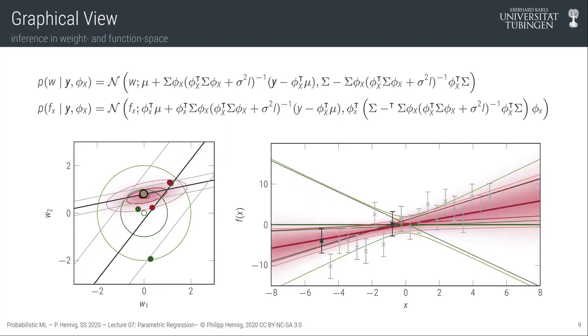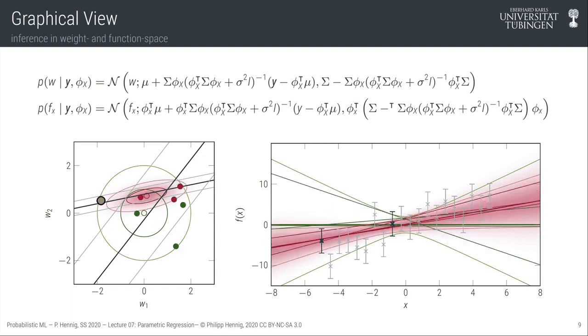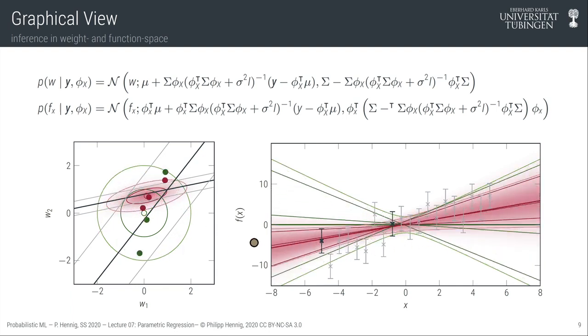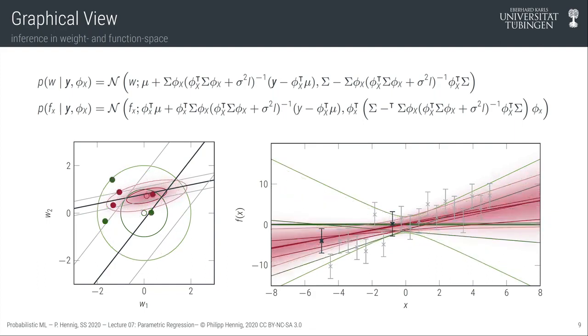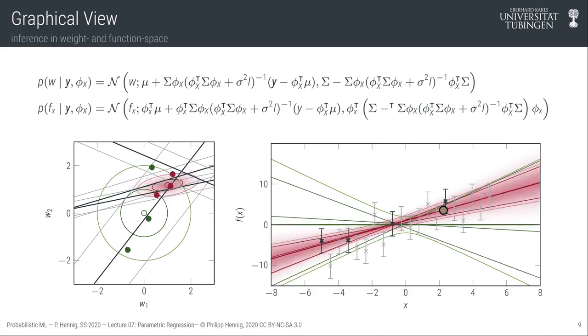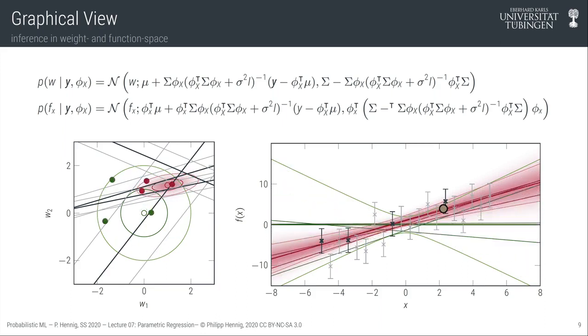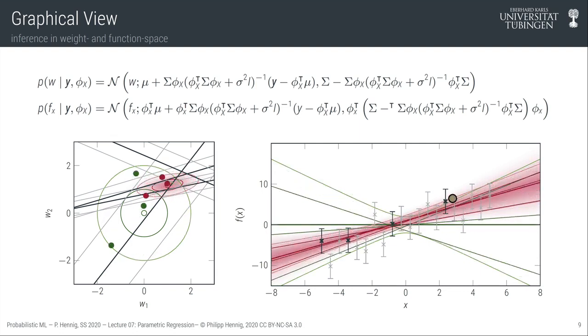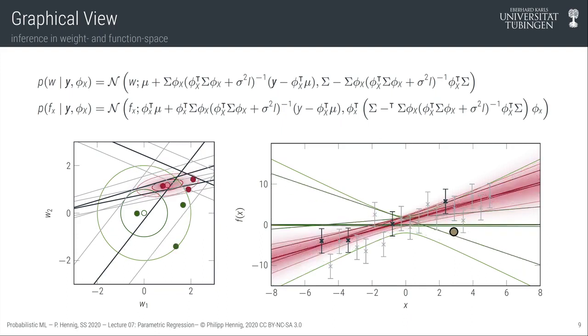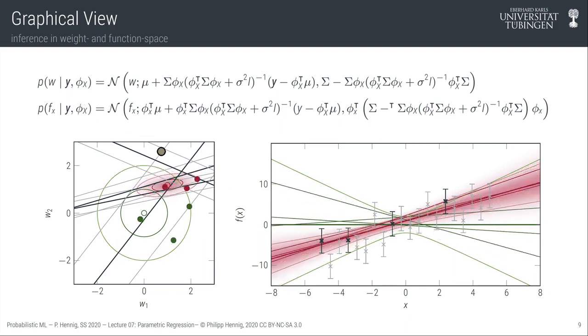So the product of this prior and these two likelihoods is now this posterior distribution, which also corresponds to a posterior in function space, which is this red function. Now let's say we get one more datum that's up here. What does this data point tell us? It tells us that the slope probably is positive because we're quite far above the prior width in this region. And therefore, the likelihood lies up here.